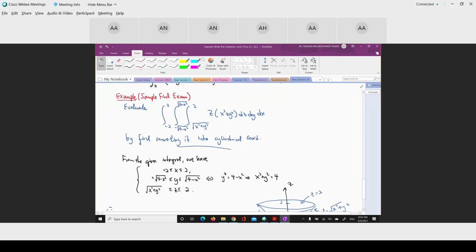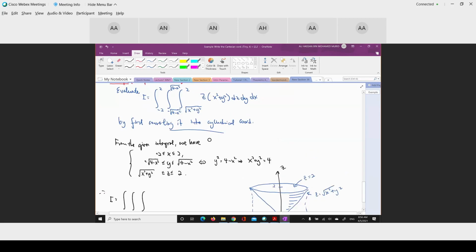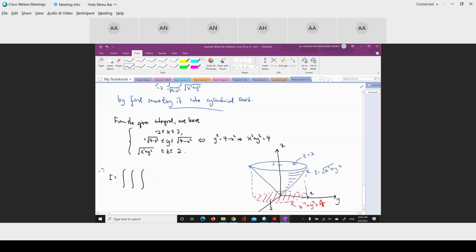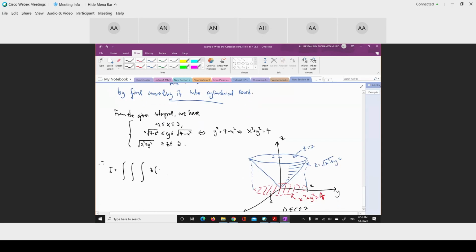If I denote this integral here as I, then I is equal to, we have z, and x squared plus y squared is r squared, right?